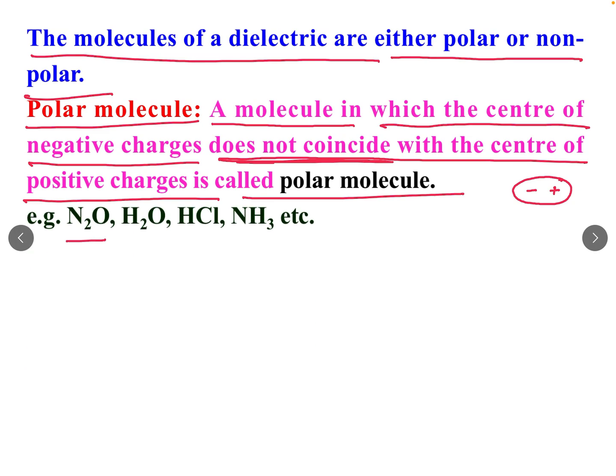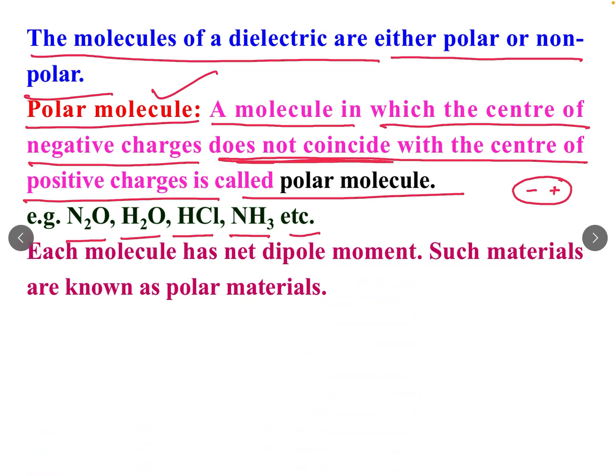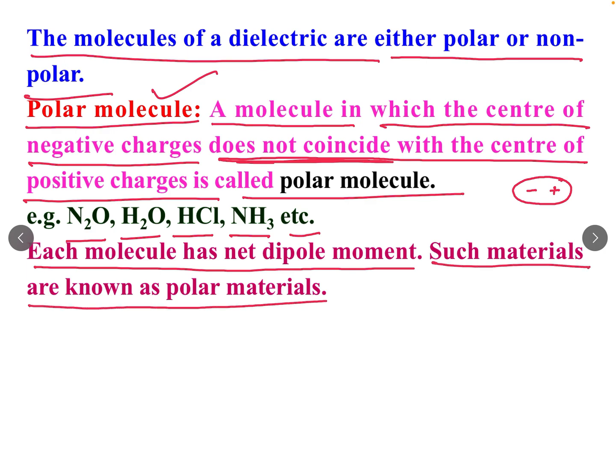Example: N2O, H2O, HCl, NH3, etc. These are the examples of polar molecules. Each molecule has a net dipole moment. Such materials are known as polar materials. Since there is a separation between negative charge and positive charge, with two opposite charges at two ends, there will be some dipole moment.